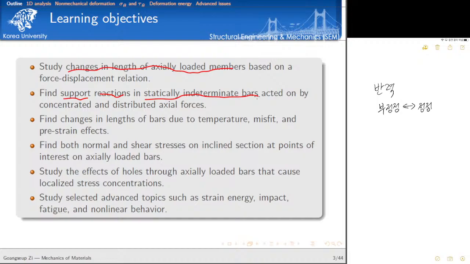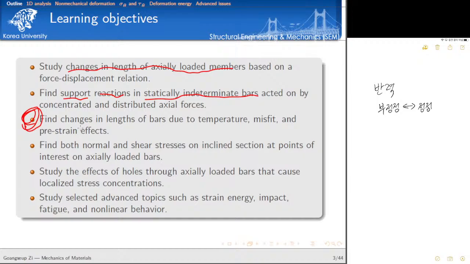The third topic is very important for understanding the overall configuration of the analysis. Here we have certain strain not caused by stress. So we have other strain contributions coming from temperature change, misfit, and also the pre-strain effect.